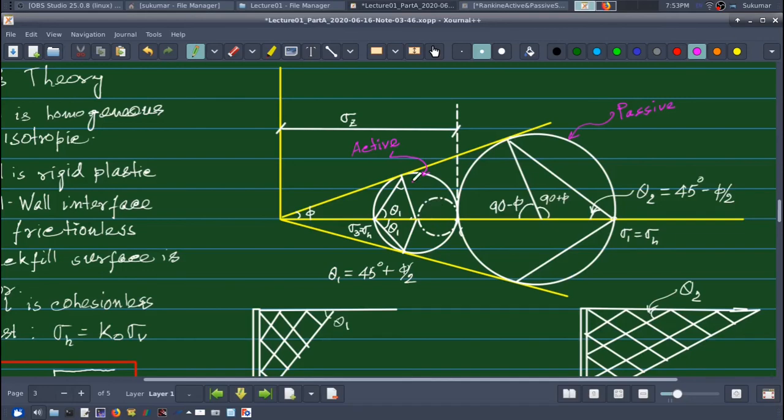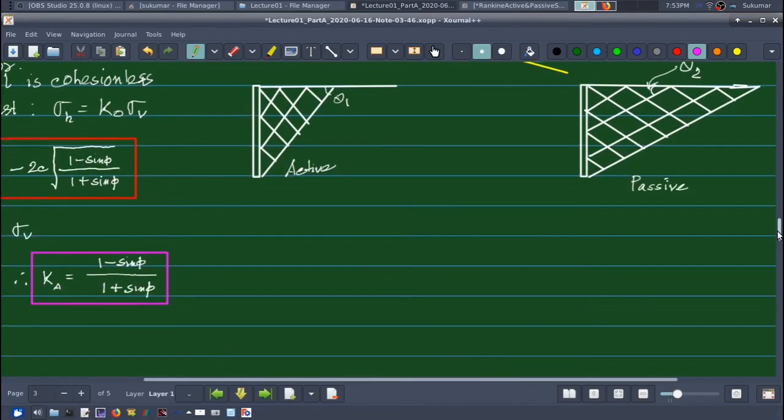Okay, so let me write this also, that this is my at rest condition. So I think this makes it clear how the principal stresses are related to active and passive earth pressure.